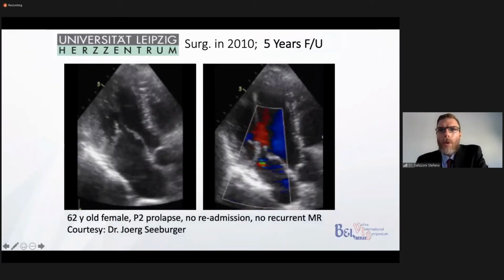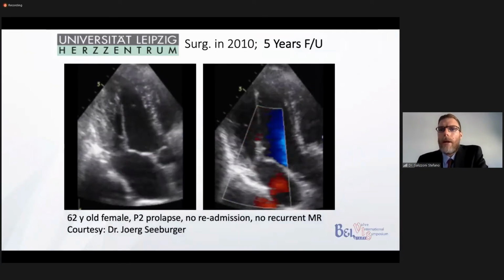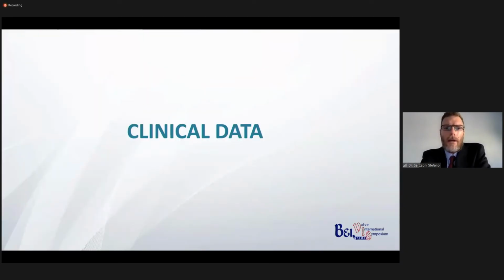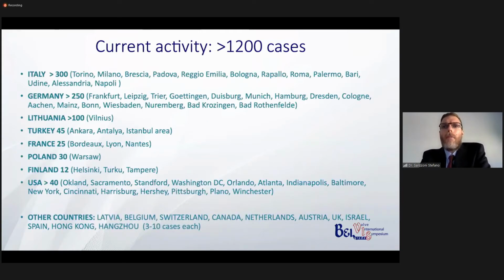So, where are we now with the patients that were already operated with this technique? We have more than 1,200 cases all around the world. The majority of these patients were done in Italy and Germany, but now also many patients are done in Asia, in China, in Japan, and we will start soon in South Korea too.